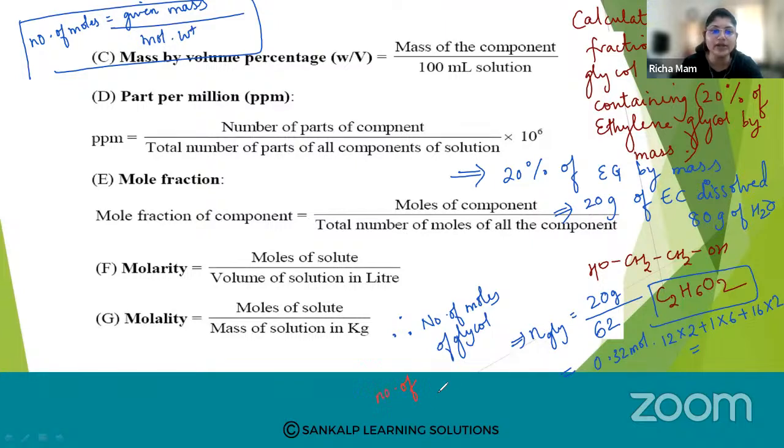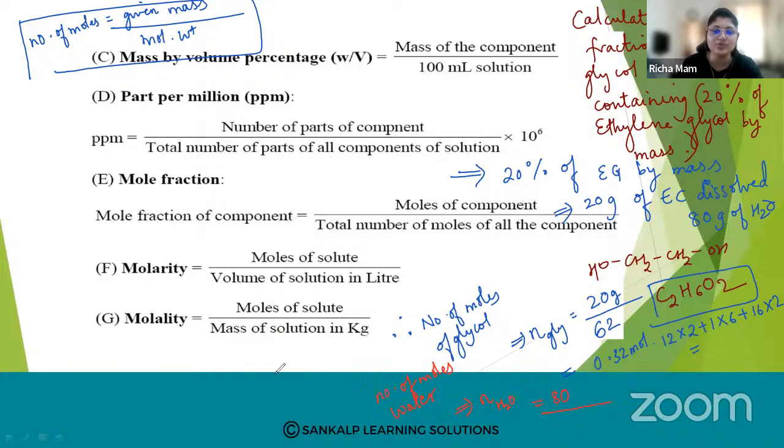Next we are going to find the number of moles of the second component, water. So the number of moles of water is equal to given mass divided by molecular mass. What is the given mass of water? It is 80. What is the molecular mass of water?